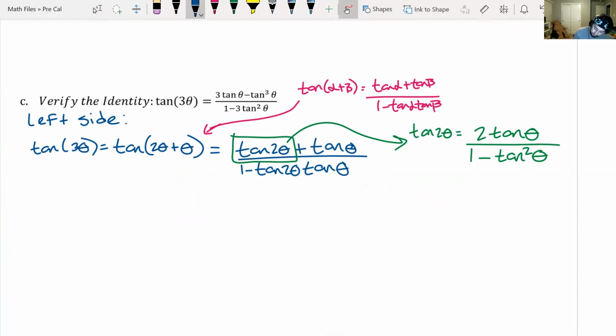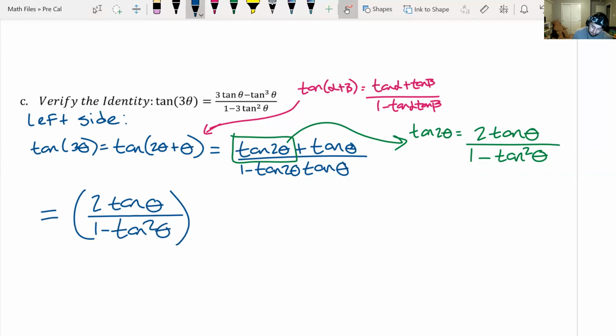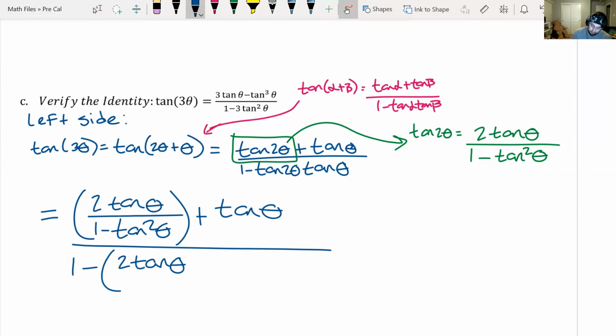And I'll start over here. So we get that tangent 2 theta becomes parentheses 2 tangent theta over 1 minus tangent squared theta, plus tangent theta, over 1 minus, the same thing here, 2 tangent theta over 1 minus tangent squared theta, times tangent theta.